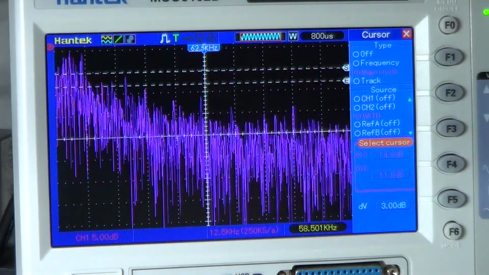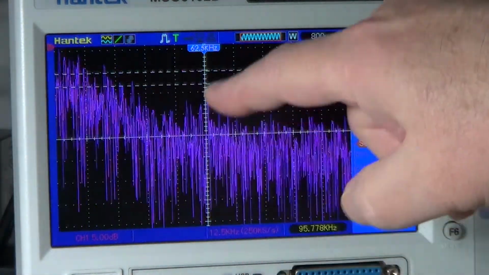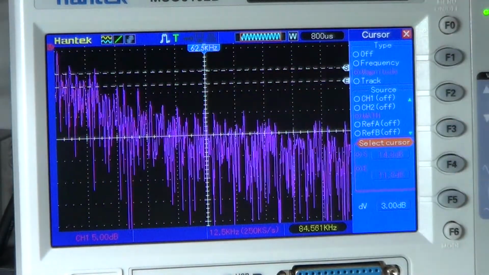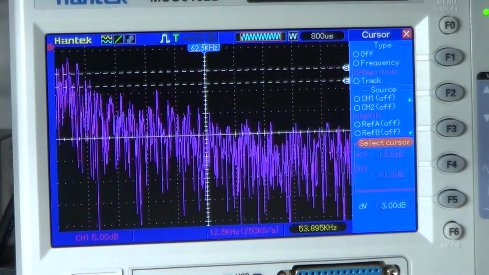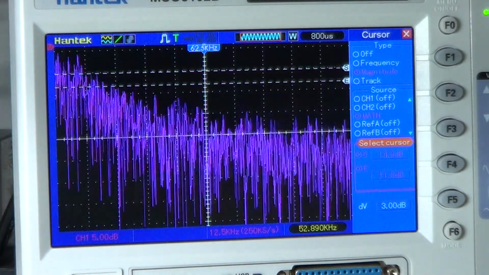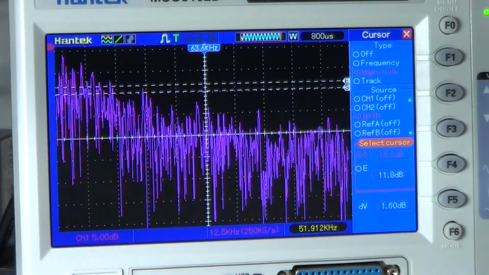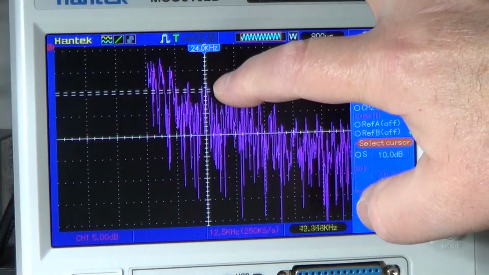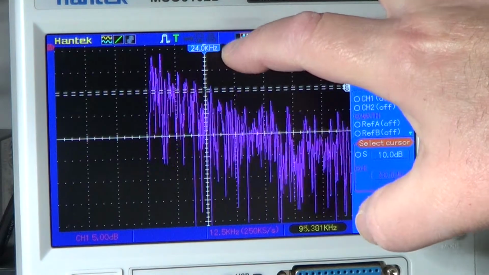This time we are going to use the cursors again. We establish a level with the first cursor, and then we pick the frequency which is 10 times higher, the decade, and then we measure with the cursor what is the interval in terms of dBs. So let me put the picture in a way that it will be easier to make the measurements. Okay, so we are right here, and basically this is 24 kilohertz.